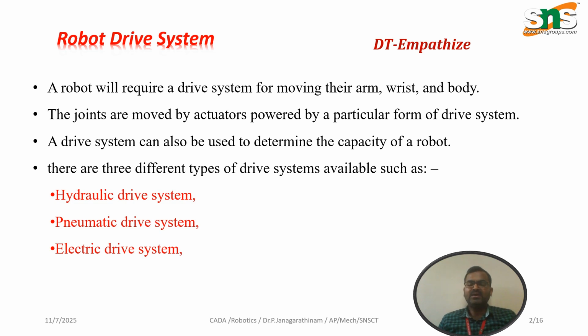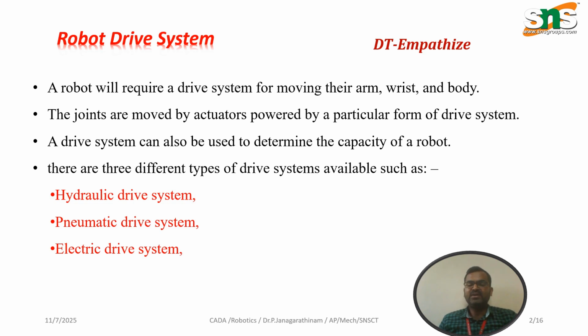Here the pressurized liquid is used as a fluid medium to operate this kind of robotic system. So the entire hydraulic setup will be attached to the robotic system. That hydraulic system will drive the robotic force.